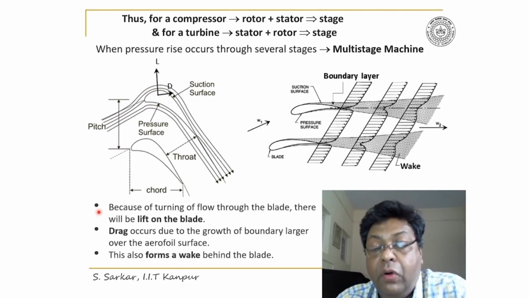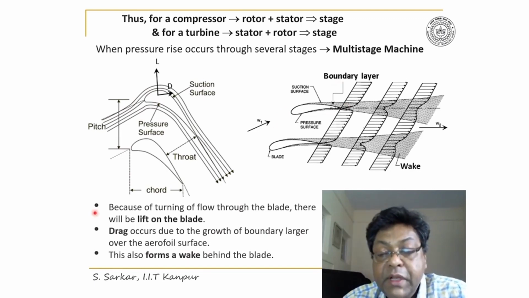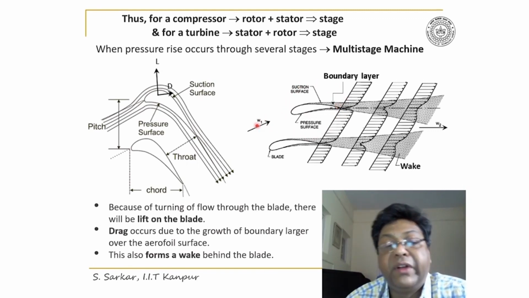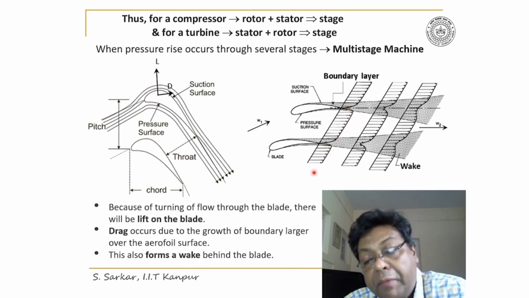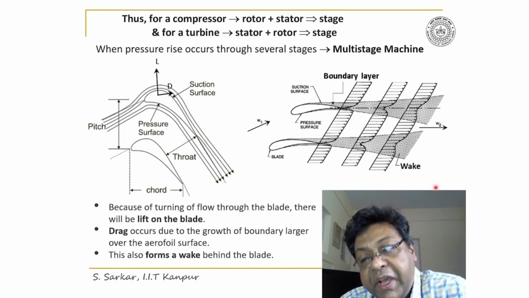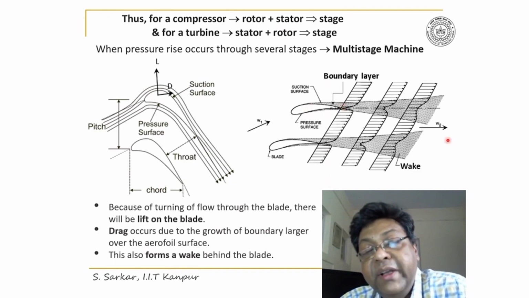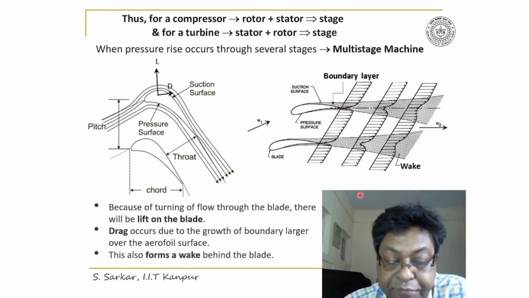Furthermore, for viscous flow, a boundary layer develops on the blade surface, and because of the formation of this boundary layer, a wake will develop behind the blade. This is a sketch which illustrates boundary layer formation and wake development behind the blade.